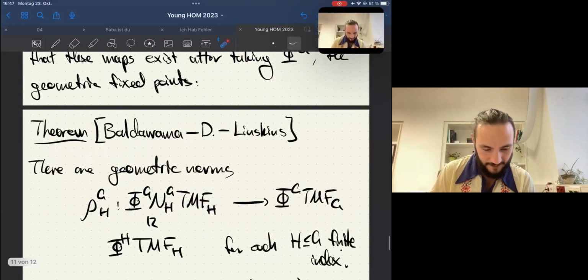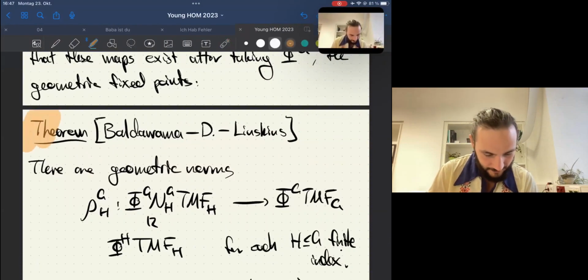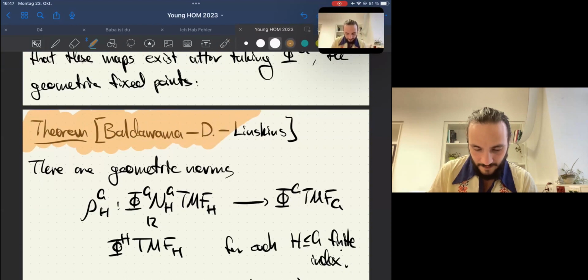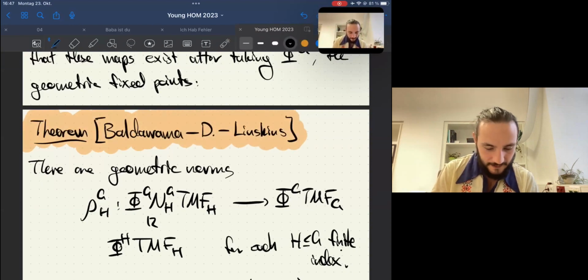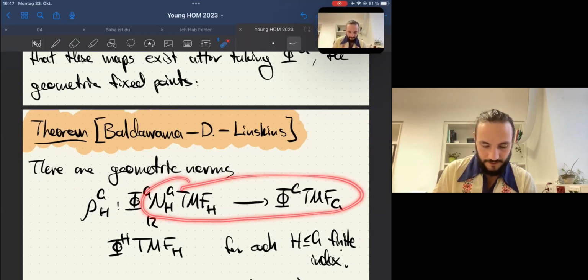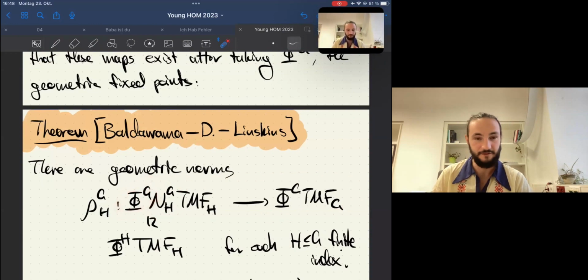So in particular, we have this, which I haven't been using my highlighter, but I can use it again. So this result is saying that there do exist maps that look like norms, except we've also applied this geometric fixed point functor.